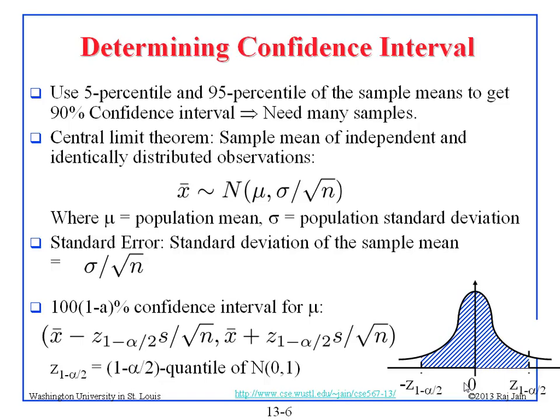So when you take n, the sample mean has the mean of mu and the standard deviation of sigma upon square root of n. As n goes up, this standard deviation goes down. What that means is that the width of this curve goes down and the curve becomes thinner and thinner, more and more peaked.